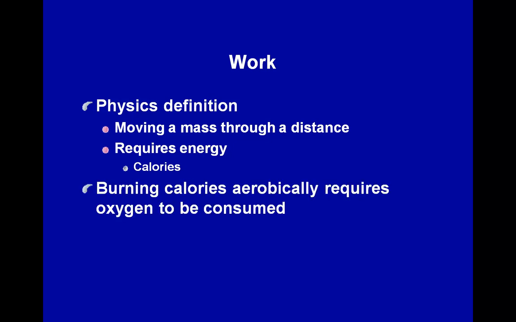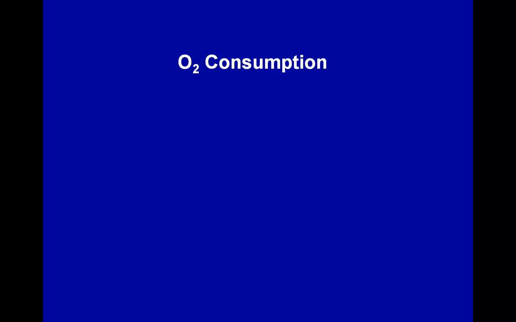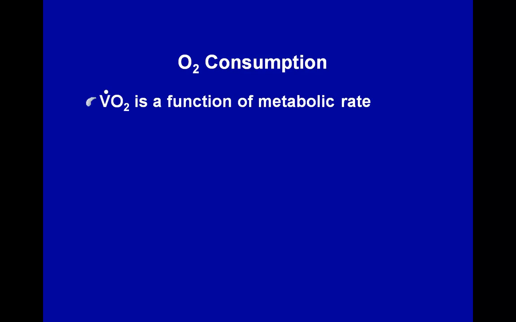If we do this aerobically, we're going to generate more ATP than doing it anaerobically. Anaerobic metabolism generates ATP fast, but a limited amount, versus doing it aerobically, which generates a lot of ATP, the high energy phosphate that we actually utilize to do work. So we have to measure oxygen consumption.